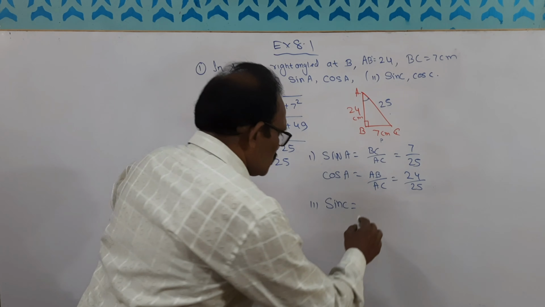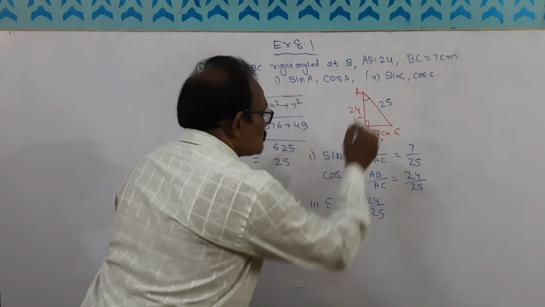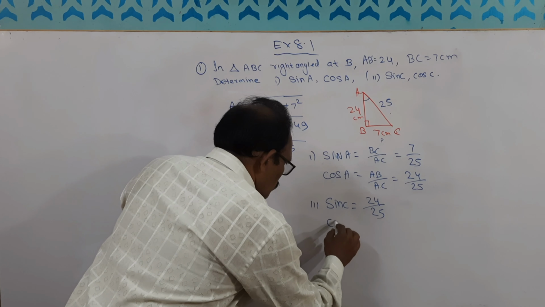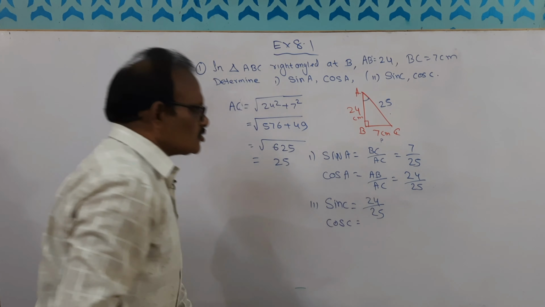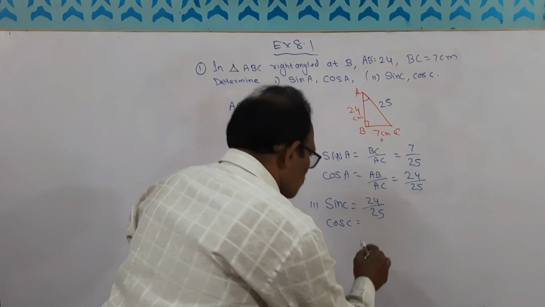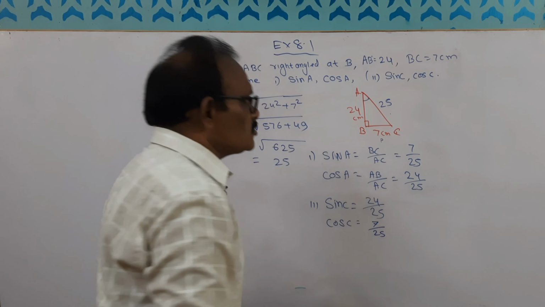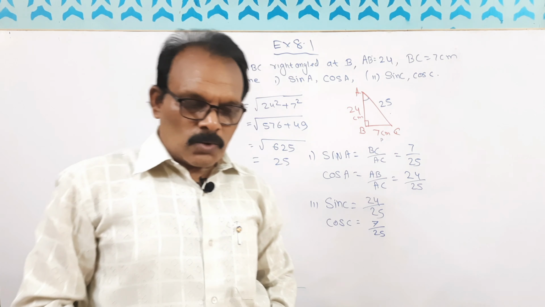P by H, that is 24 by 25. And what is cos C? Cos C is B by H, that is 7 by 25. So this is what question number 1 is.